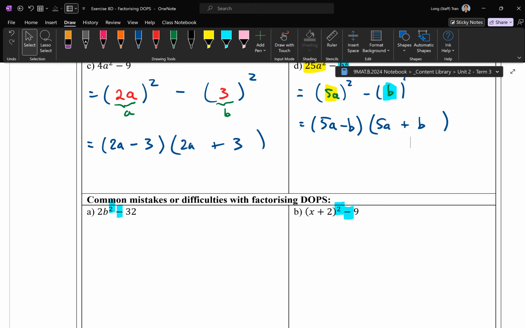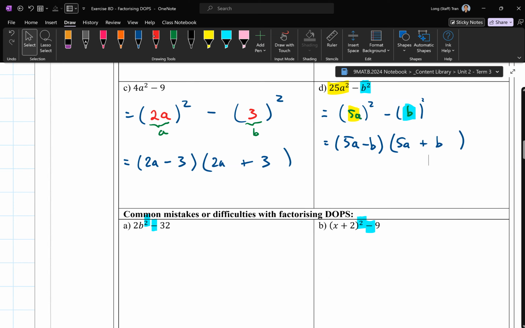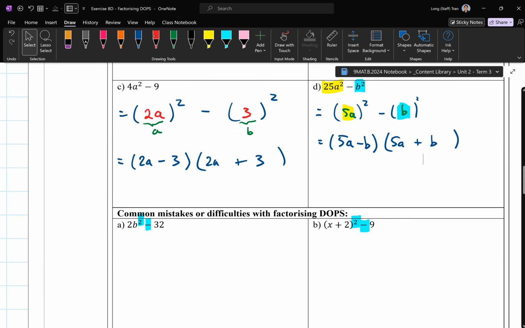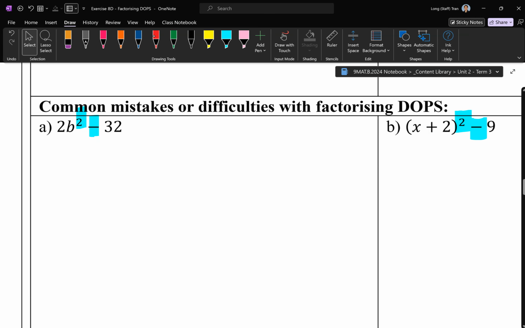So here we go. The reason why students find this tricky is because unlike these ones, they were all squared numbers. 25, 9, 4, 36. Those are squared numbers. When you don't get squared numbers, there's actually two ways that you could look at this. One, always look for factors that are in common.